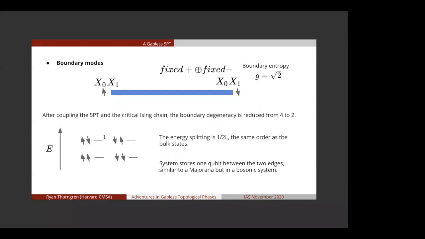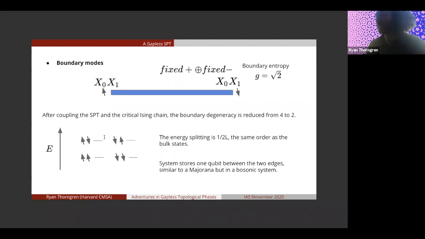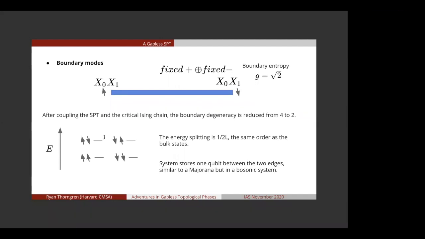You want me to quickly comment? Oh yeah, go ahead. I'm trying to remember. Yeah, so after Jordan-Wigner transformation, you can think of it as a phase transition between a single Kitaev chain and 2 Kitaev chains. And with the current model that Ryan is discussing, the Majorana edge modes would be exactly decoupled at the critical point, corresponding to the exact twofold degeneracy of the bottom 2 levels that Ryan has shown in this slide. Okay. Thank you.